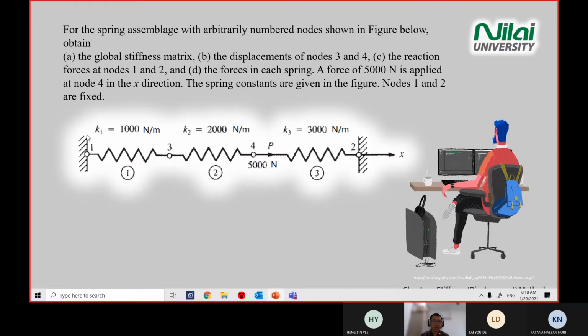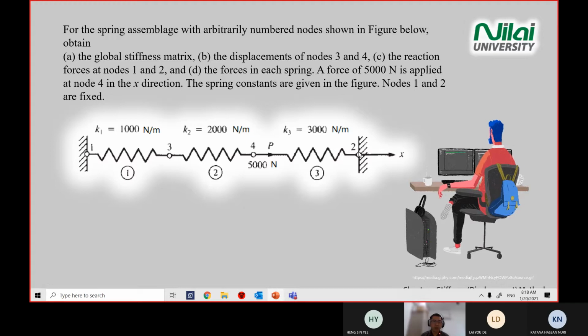K1 means stiffness for spring number 1, and so on. You will see a small circle in the diagram which represents an individual node. So we have 1, 2, 3, 4, 4 nodes with this label accordingly.